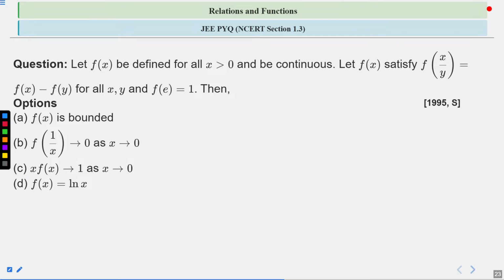The options are: f(x) is bounded; f(1/x) tends to 0 as x tends to 0; x times f(x) tends to 1 as x tends to 0; and option D, f(x) is equal to ln x. So you need to find which option is correct. You have 10 seconds to solve or think about this question. After that, we will discuss the solution part.